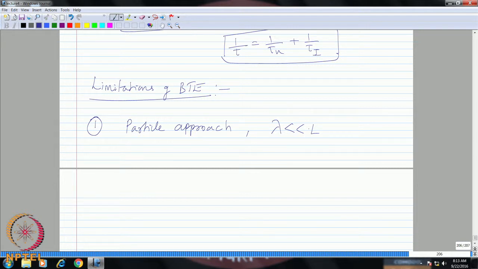Otherwise, you end up considering the wave effects. Whatever we studied in quantum mechanics considered the wave effects, but that was not clearly the transport of heat, for example.